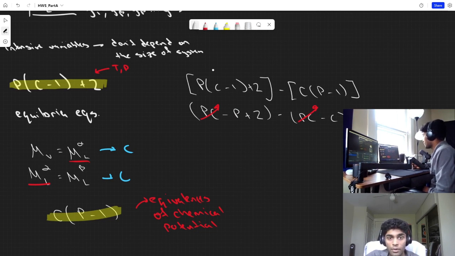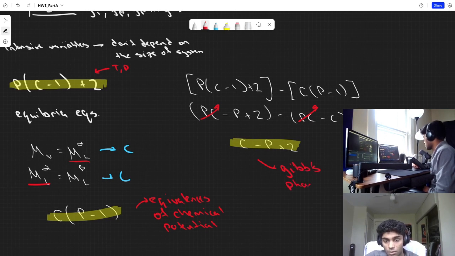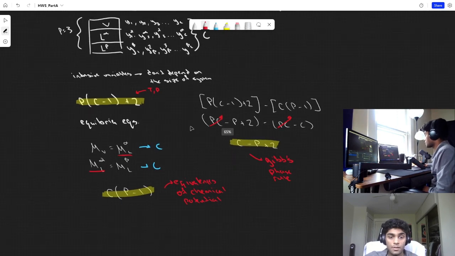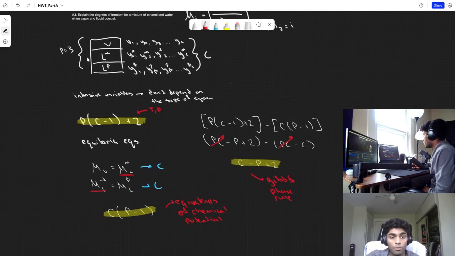So this is how we get to our final C minus P plus 2. And that is Gibbs phase rule, which calculates the degrees of freedom in a multi-phase system, much like the one that we were working with before.